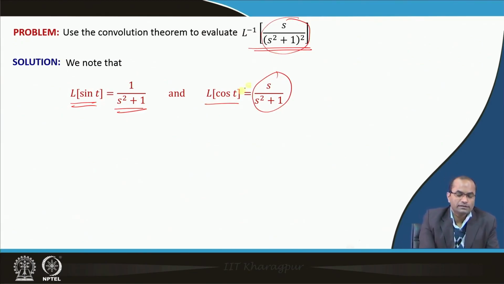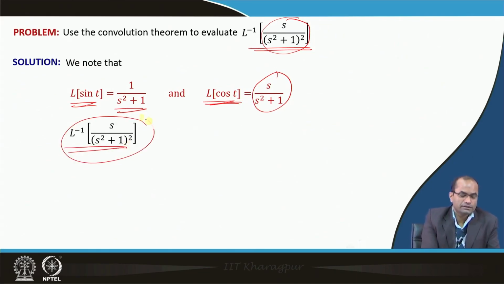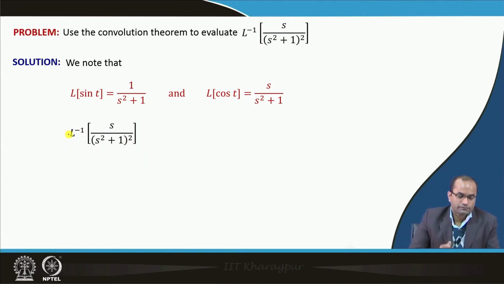So, this product is nothing but the Laplace of sin t and the Laplace of cos t, and then we can apply the convolution theorem, which says that the value of this inverse would be equal to the convolution of these functions sin t and cos t.